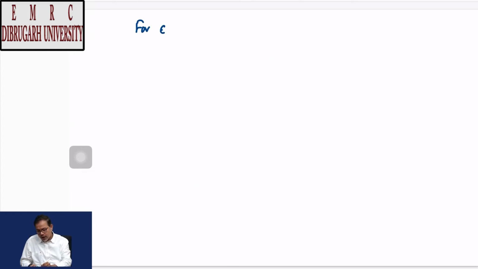For epsilon greater than 0, we have epsilon squared greater than 0, and therefore 1/epsilon squared is also greater than 0.